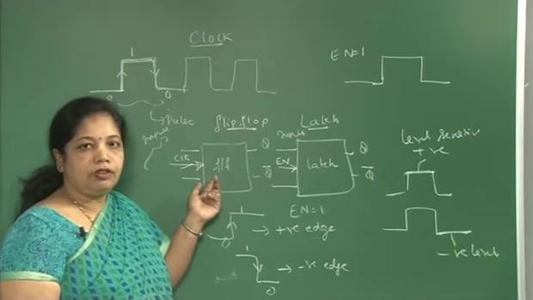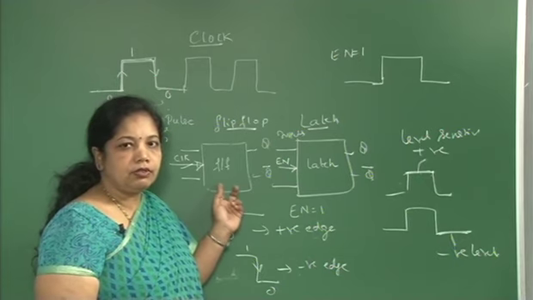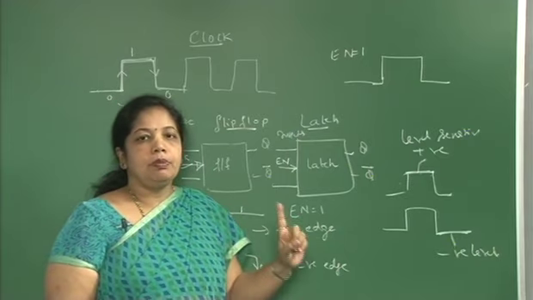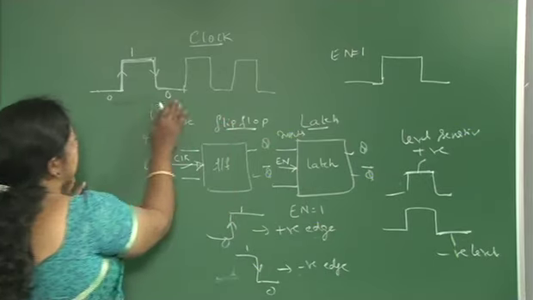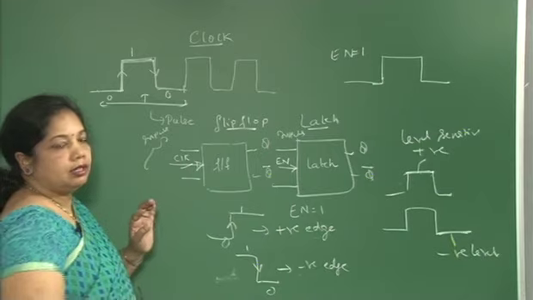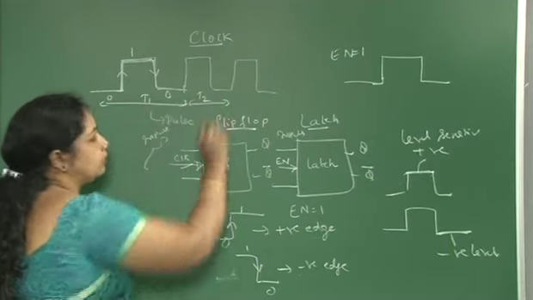Third difference, the flip-flop is sensitive to signal change and not only to the level. It can transfer data only at a single instant, and data cannot be changed until the next signal change. Say this is one clock period T, this is the second clock period, T1, T2.